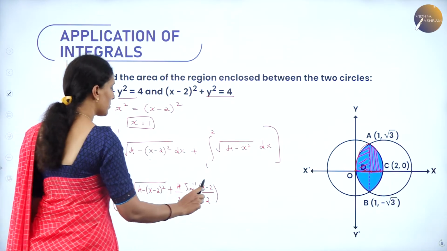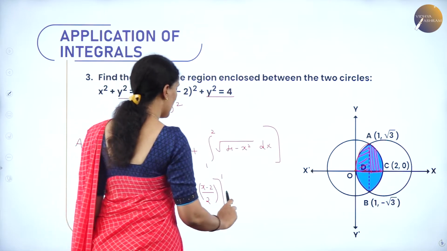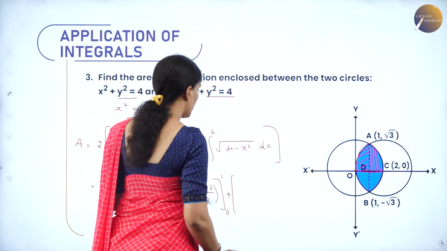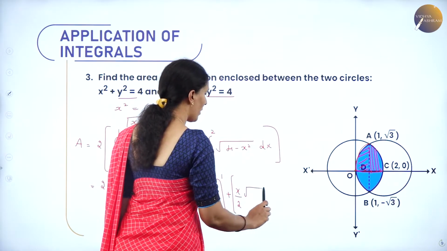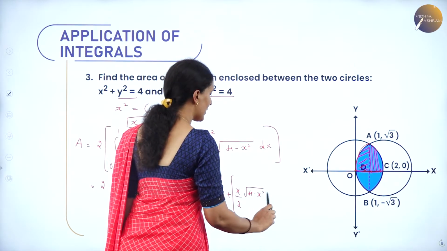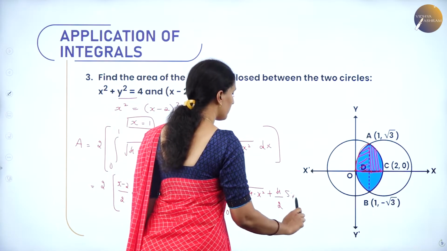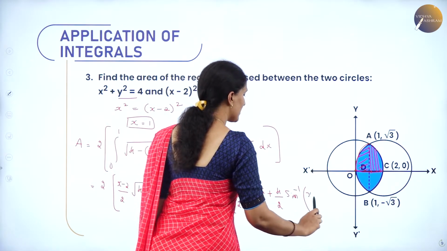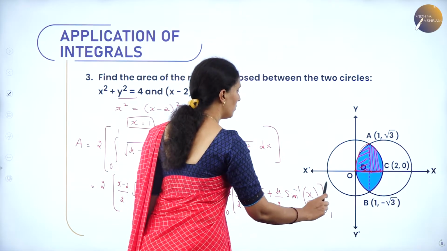So this is the limit from 0 to 1. Next again plus we have, here x by 2 square root of 4 minus x square plus a square is 4 by 2 sine inverse x by 2 with the limits 1 to 2.